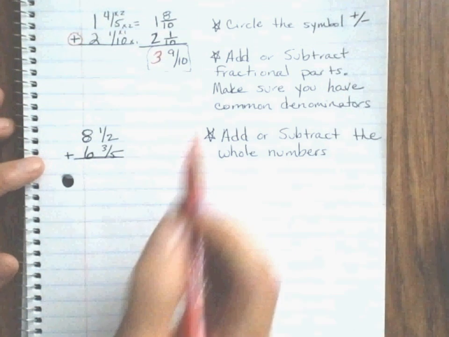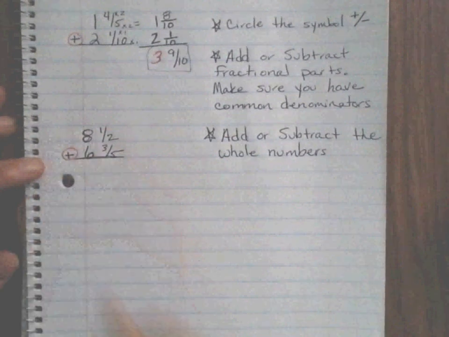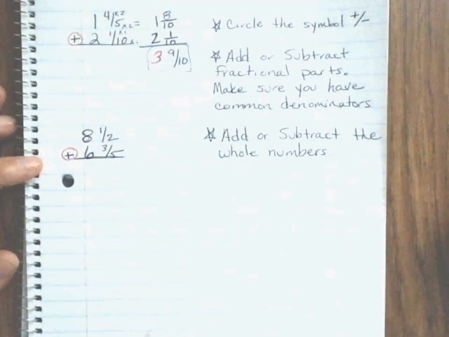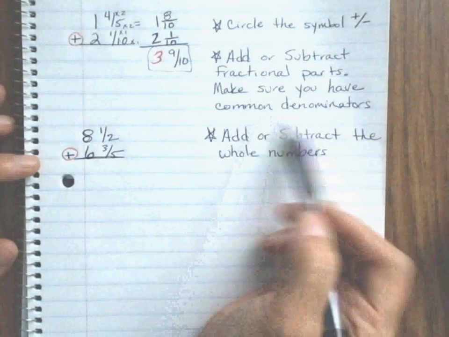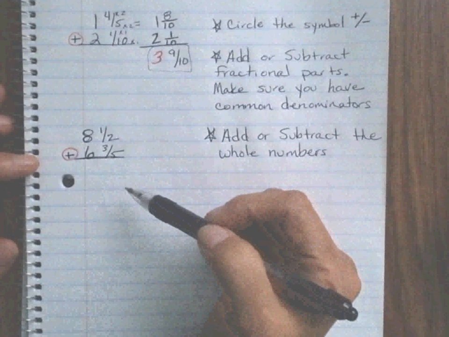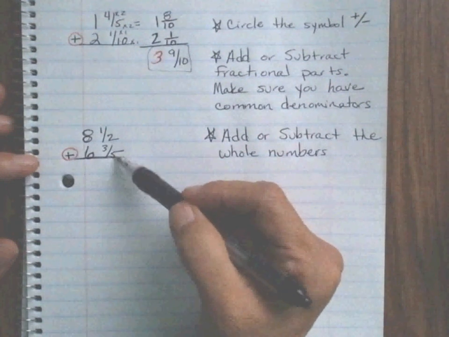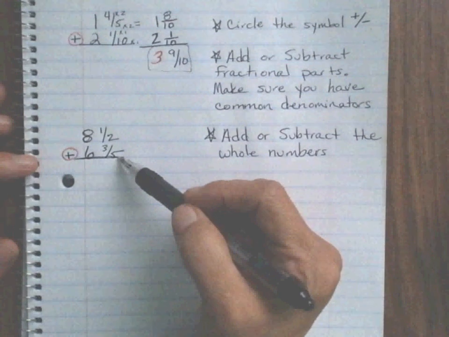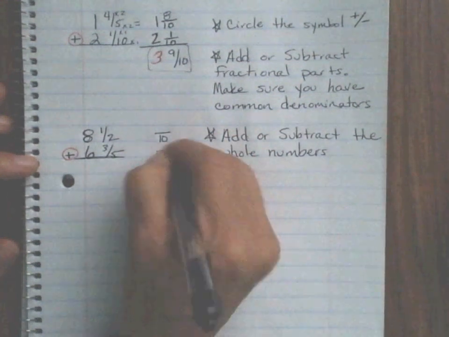Okay, so the first thing I'm going to do is circle the sign so that I remember that I'm adding. Then it says to add or subtract the fractional parts, make sure I have common denominators. So my fractional parts are 1/2 and 3/5. They're not the same. My lowest common multiple between 5 and 2 is 10. So I'm going to create equivalent fractions with 10 as a denominator.